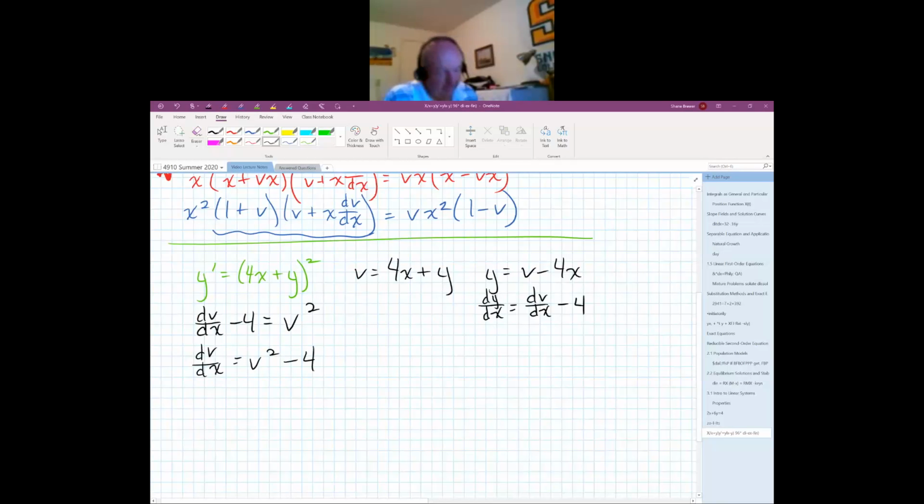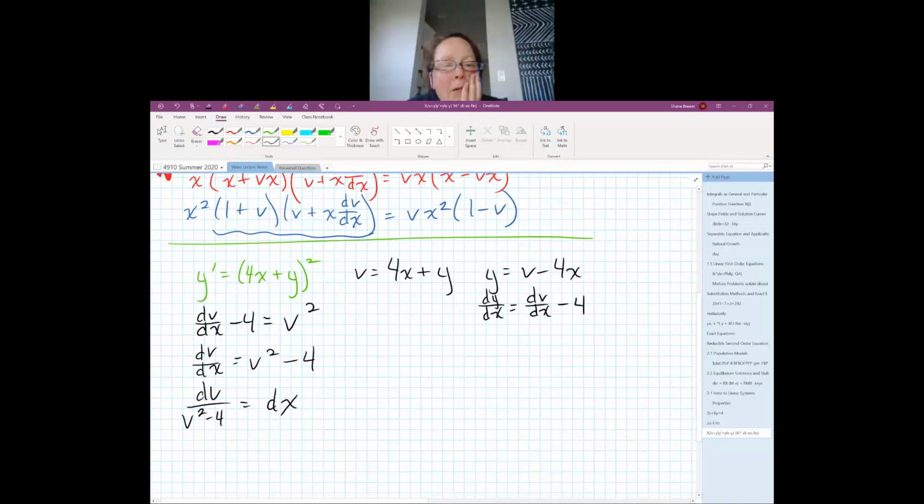Are we going to integrate both sides of that to solve, after you separate it?